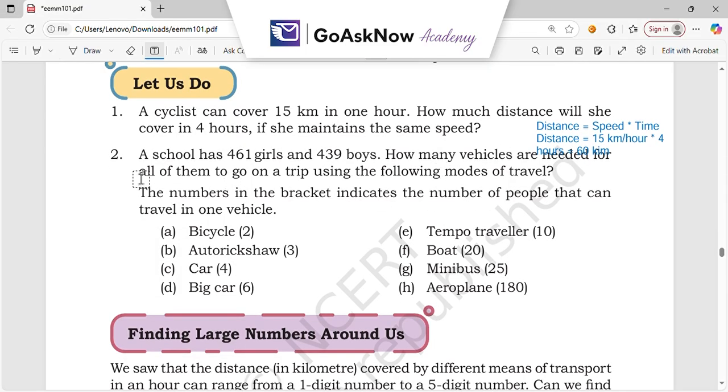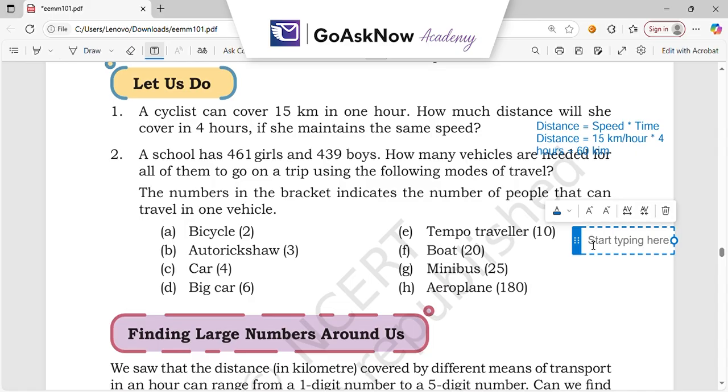Okay. After that, a school has 461 girls and 439 boys. How many vehicles are needed for all of them to go on a trip using the following modes of travel? The number indicates the number of students that can travel in one vehicle. Bicycle, only 2 can travel. Auto rickshaw, 3. Car, 4 people. Big car, 6. Tempo traveler, 10 people. Boat, 20 people. Minibus, 25 people. Aeroplane, 180 people in a single ride.